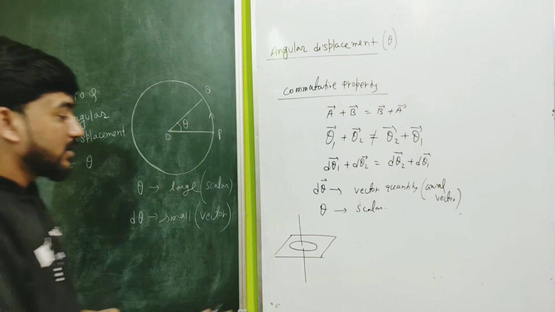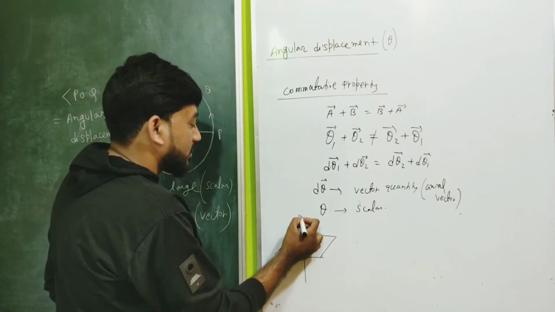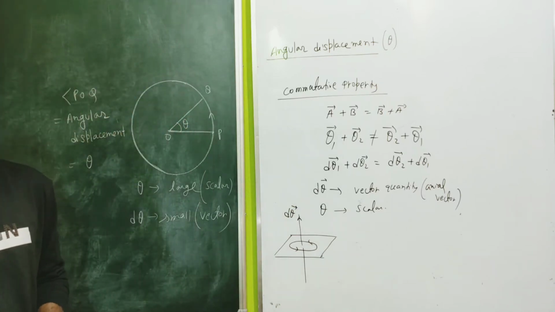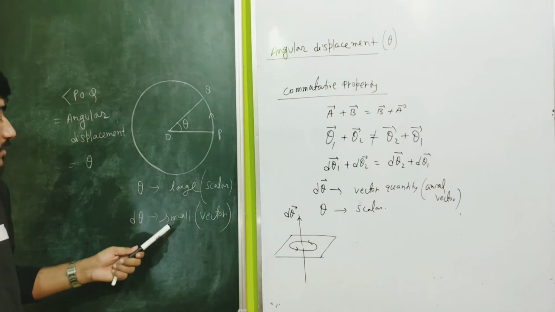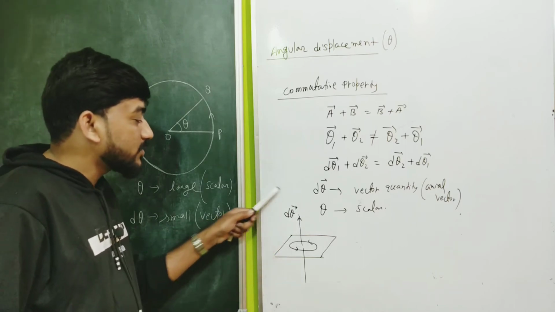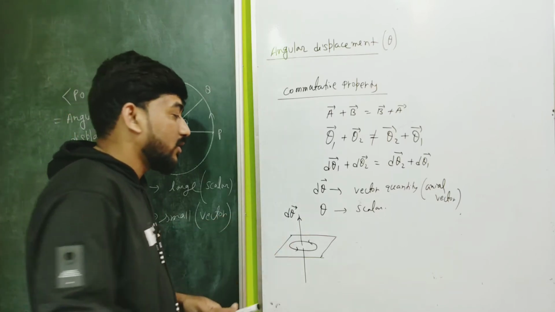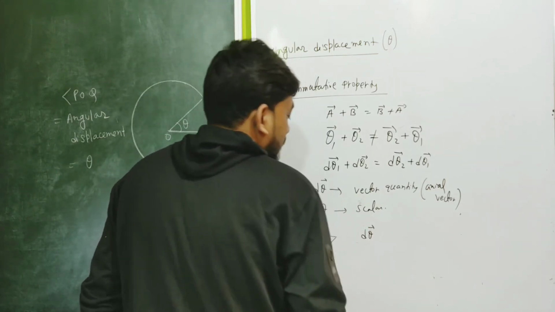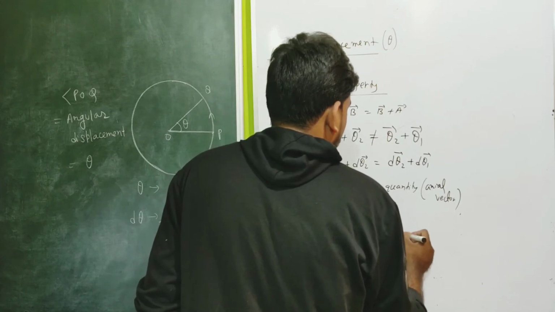So if it is in anti-clockwise direction, then d theta will be in this direction. Theta is a scalar, but d theta is a vector, and this kind of quantity is actually called a pseudo vector. So this d theta can be treated as a pseudo vector.